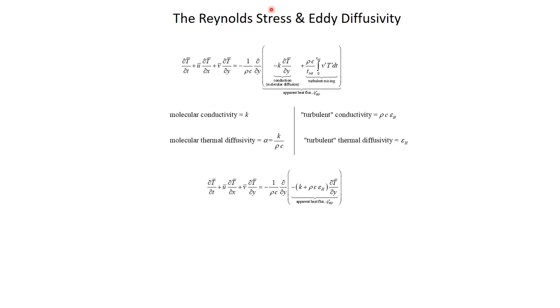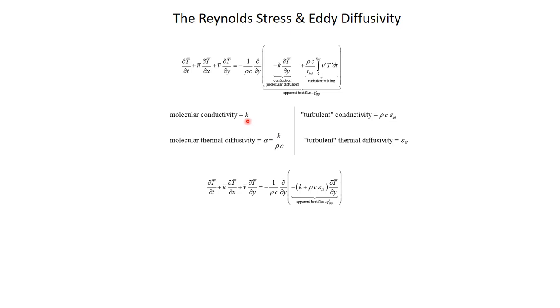It's a property. Turbulent conductivity has units of watts per meter Kelvin, right? But it is not a property. If you tell me the temperature and the pressure of the fluid, that doesn't get me any closer to telling you what the turbulent conductivity is, right? This is related to a whole bunch of things about the flow and the flow conditions and the velocity and all that kind of stuff.